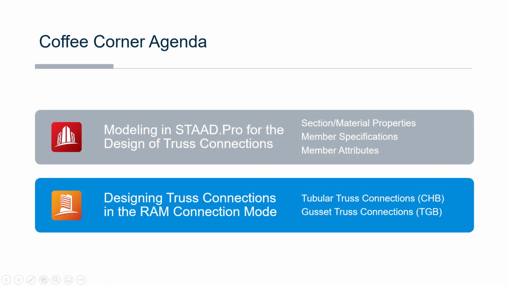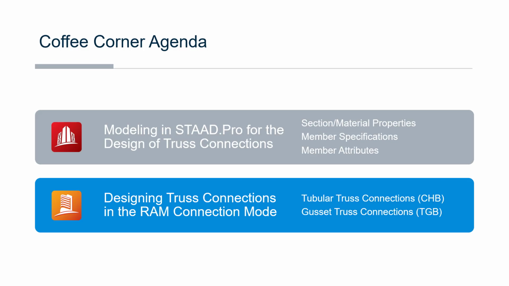So let's discuss our agenda or our goals for today's session. We're going to basically split this into two parts. The first part would be going over some modeling steps for the design of truss connections in STAAD.Pro. There's a few things I always like to point out to users whenever you're taking a look at a particular workflow, things that you want to be aware of. So when we're talking about truss connections in STAAD.Pro, a couple areas I want you to focus on would be ensuring that your section and material properties are set appropriately, as those will be available in RAM connection.